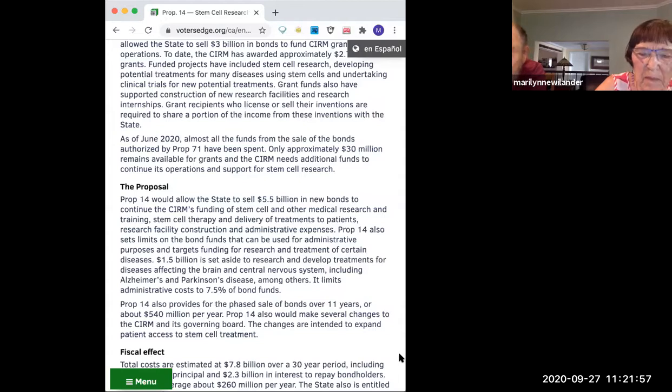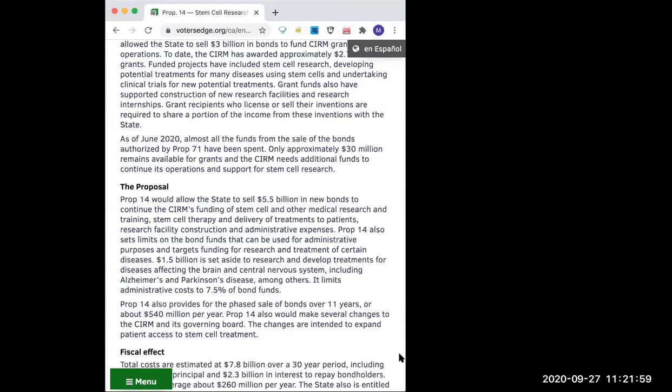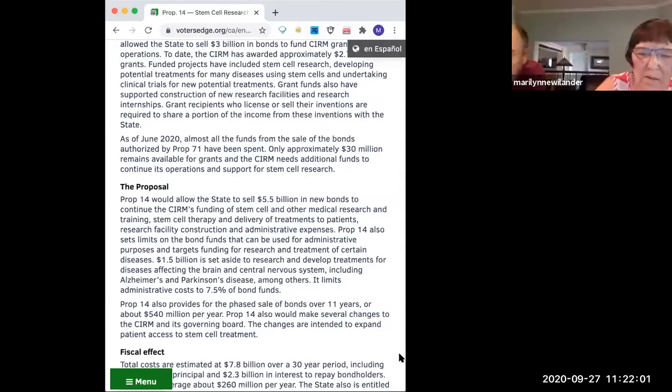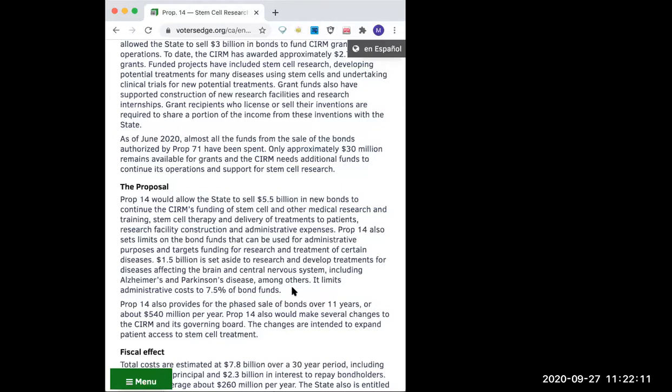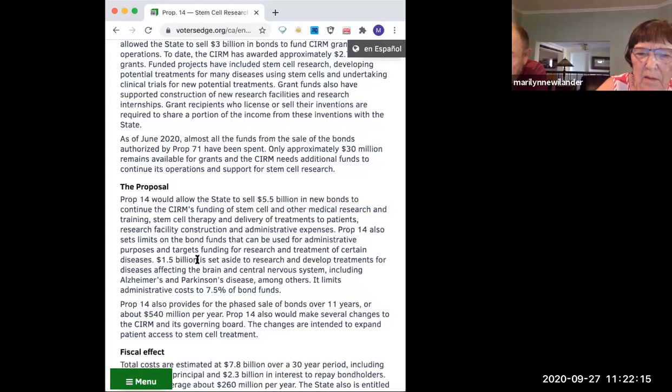It also sets limits on the bond funds that can be used for administrative purposes at 7.5% maximum, and targets funding for research and treatment of certain diseases, with 1.5 billion of that money set aside for central nervous diseases, including Alzheimer's and Parkinson's, which is new.